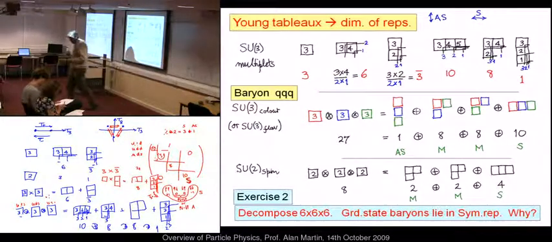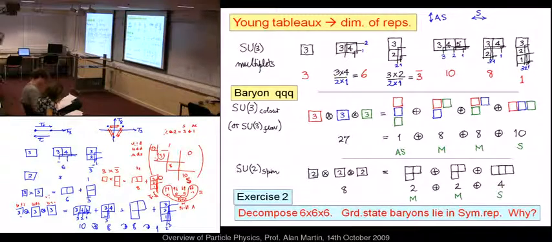How can you decompose a product of representations which have more than 1 box each? Okay, I see what you mean. Are you saying can we have 4 boxes? When we have a product of, let's say, the 6 and the 3 bar. How does that work?